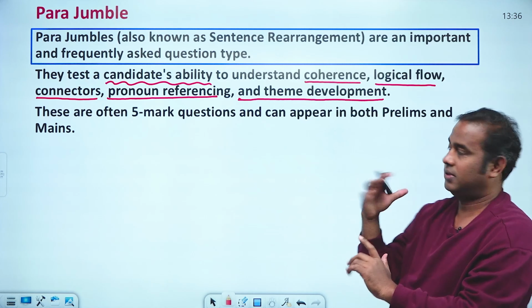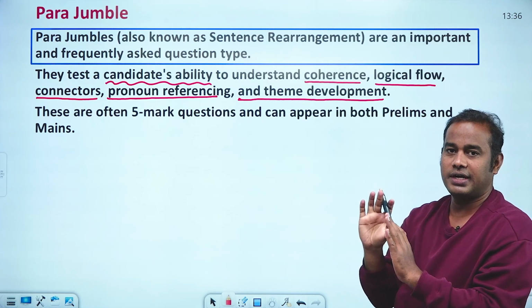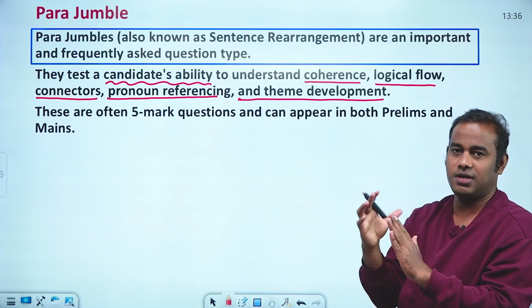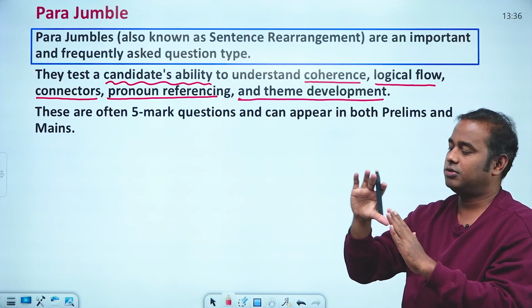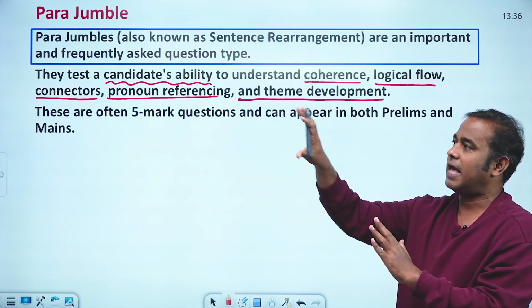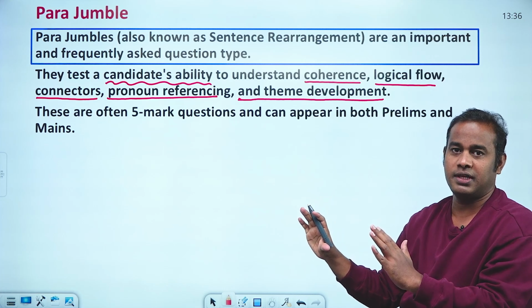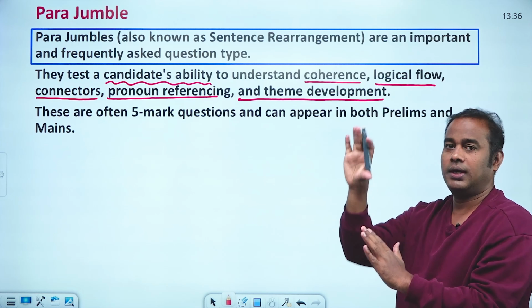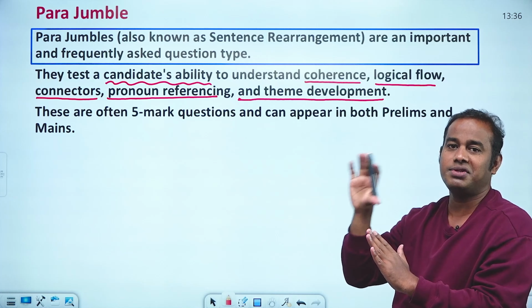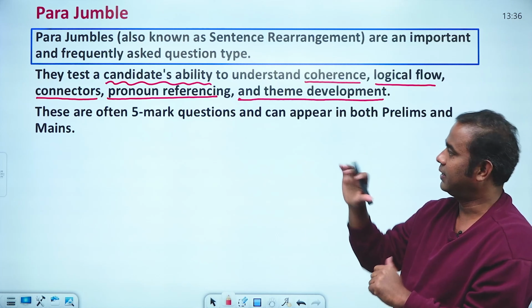Then logical flow and connectors. What do we mean by logical flow? If this happens, then the next thing will happen, then the subsequent thing, like a sequence. Are you able to follow it?